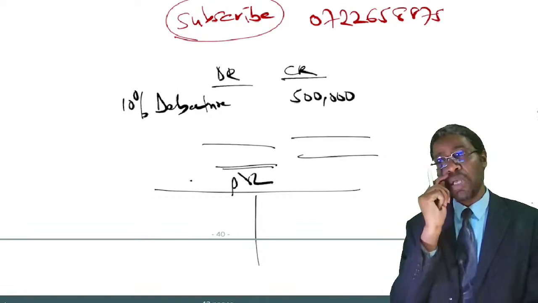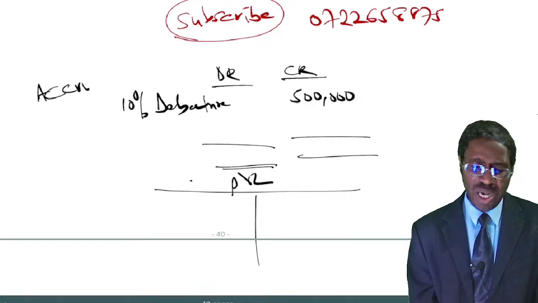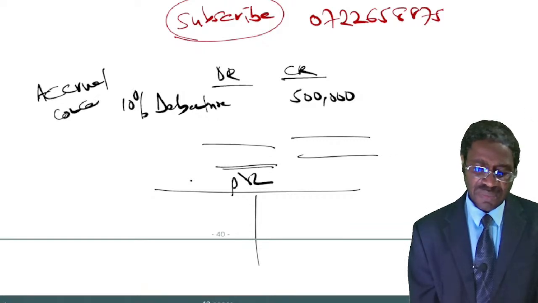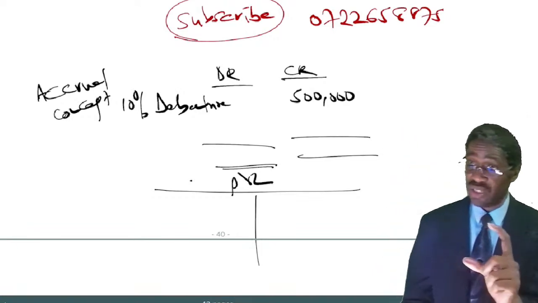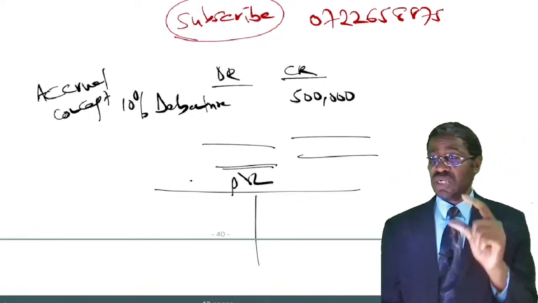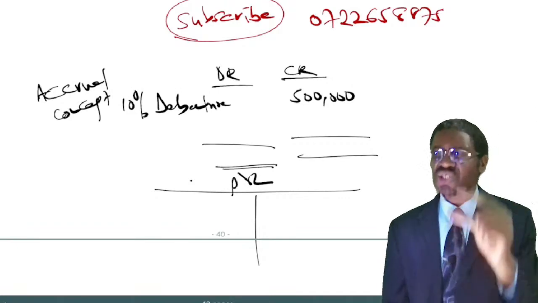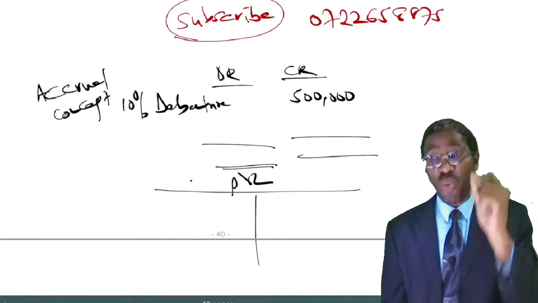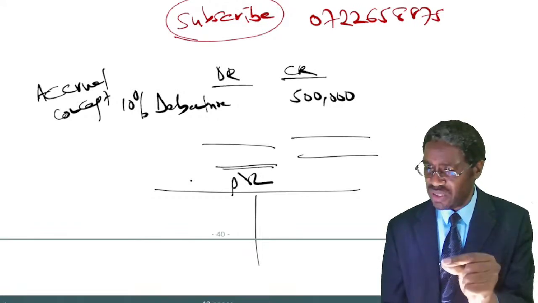Listen, in accounting, there is a concept we call the accrual concept. What does the concept state? The concept states that costs should be recognized when they are incurred, but not when money is paid.